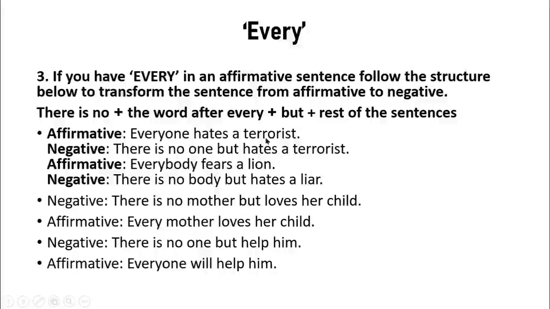Everyone hates a terrorist. Instead of "every" we have written "there is no," then the word after "every," which is "one." There is no one, then "but" according to the structure, then "hates a terrorist." There is no one but hates a terrorist.